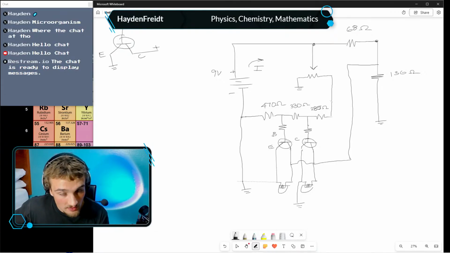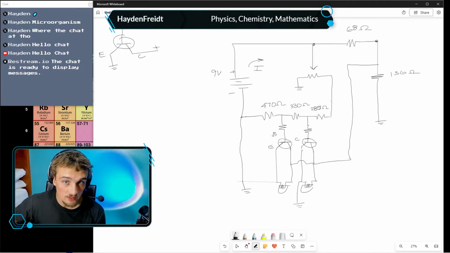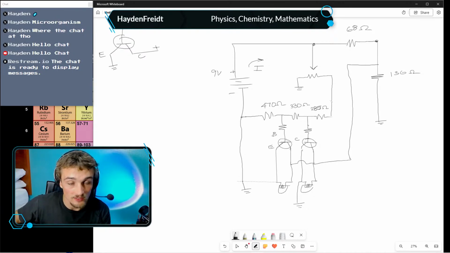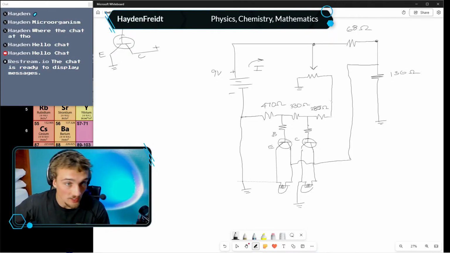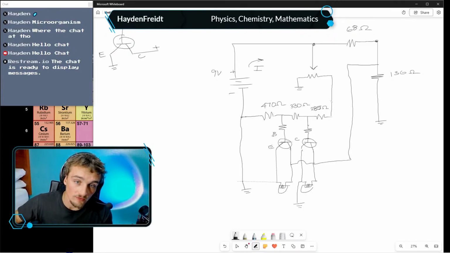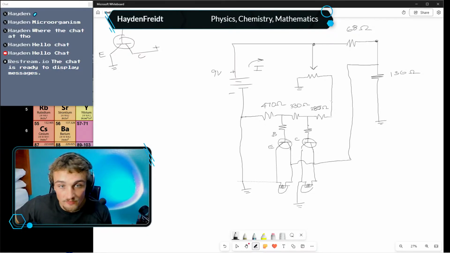We're going to look at the total resistance of the entire circuit, and through this we're going to determine the amount of current running into the main branch of the circuit. We're going to look at how the current splits into the different branches based off of Kirchhoff's junction rule and Kirchhoff's loop rule. It's a great circuit to analyze because you get to understand the logic of the transistors better, as well as the operation of the linear components.